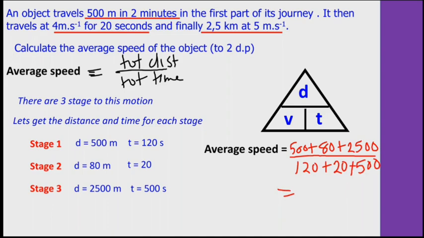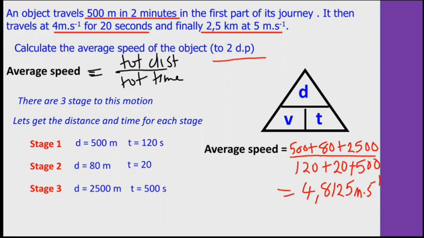It gives me 4,8125 meters per second. But we need to round off to 2 decimal places.